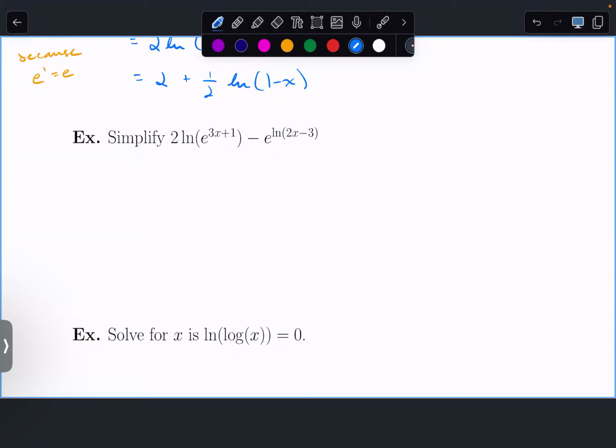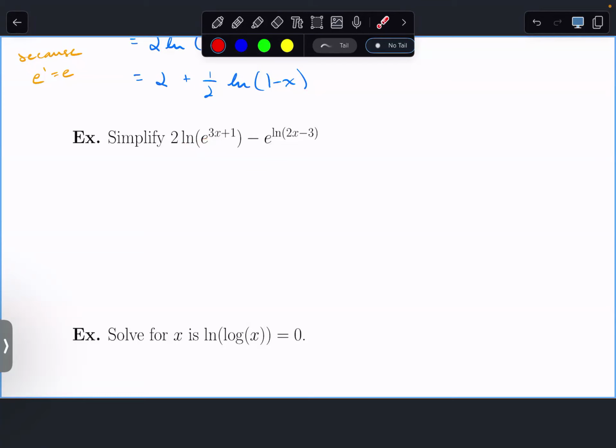Okay. So first things first, what can I do? I could bring this coefficient of 2 upstairs, but I see the natural log and the e next to each other, and so those are going to cancel.